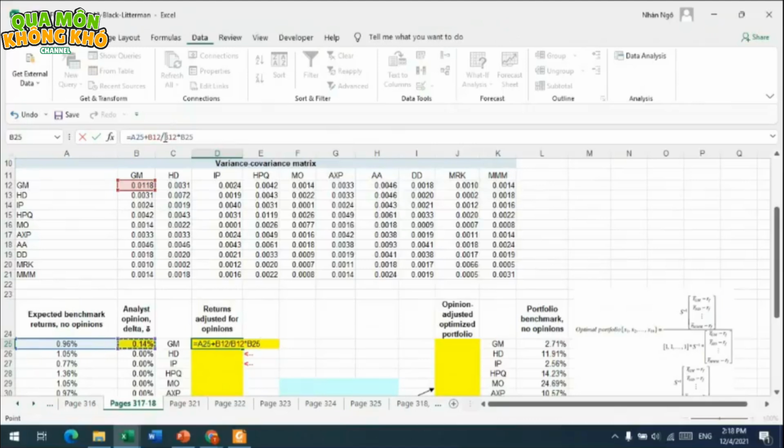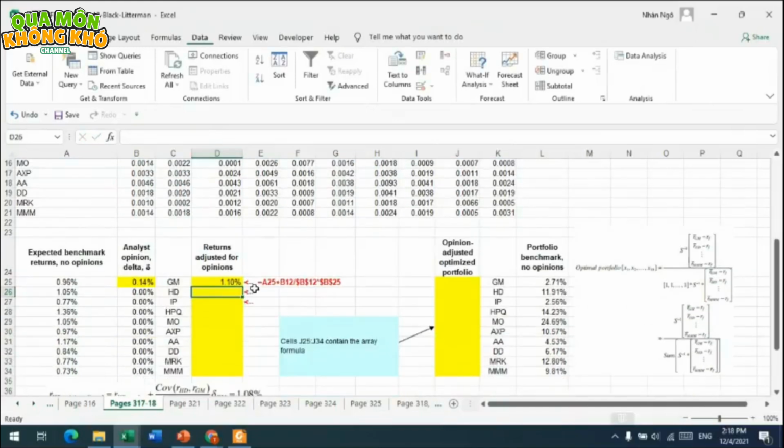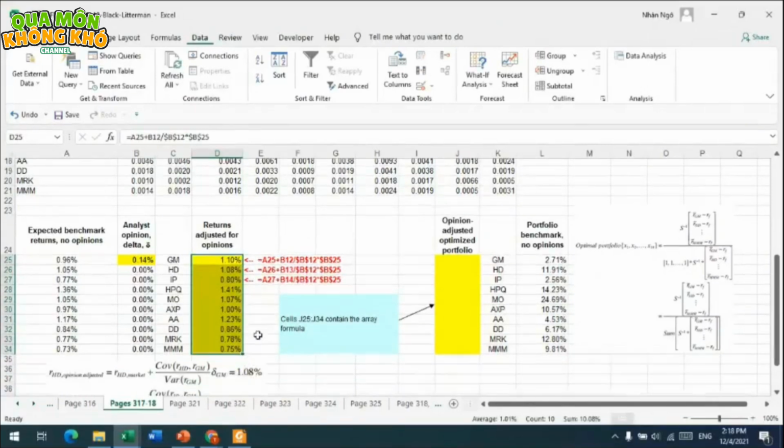And we will fix the variance. And then we got the result.